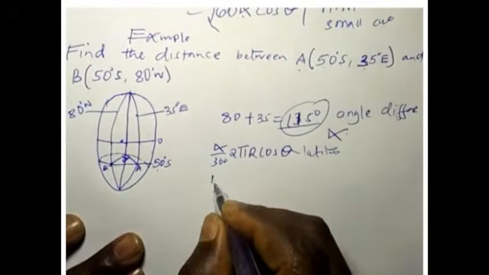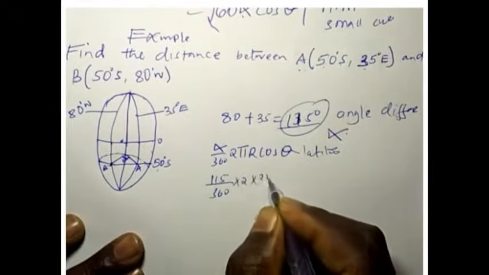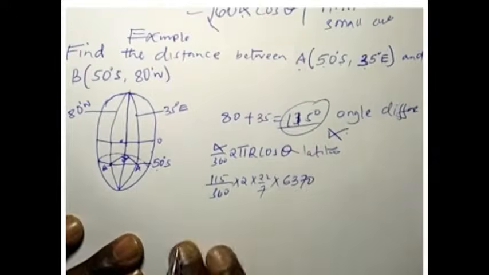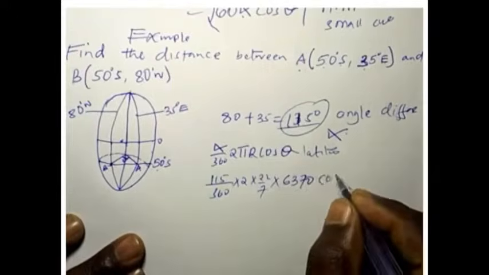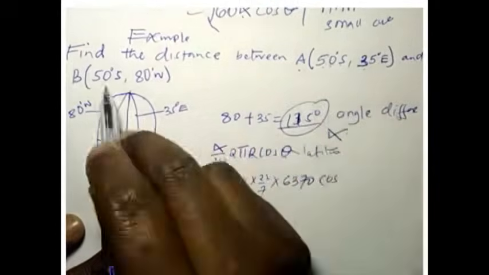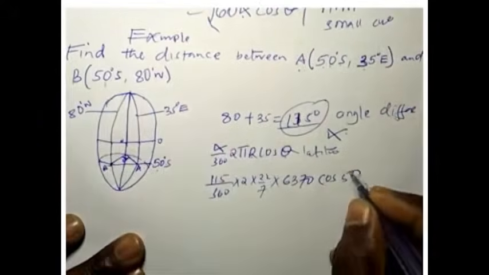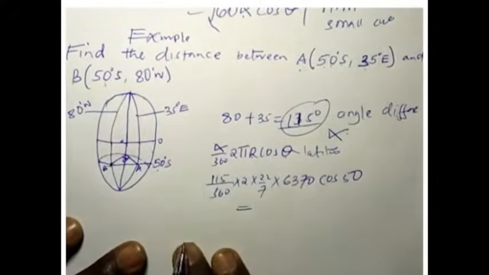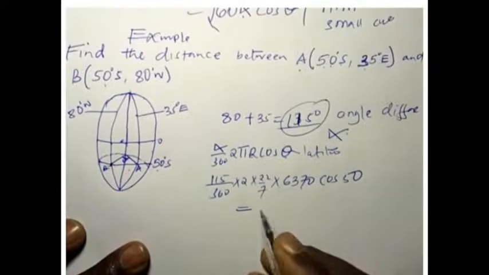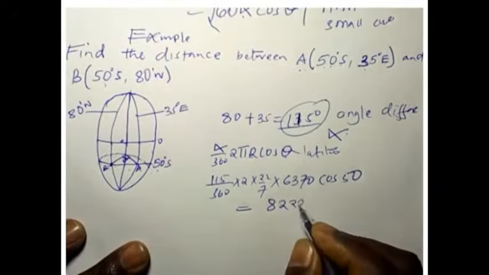So now we have 115 over 360 times 2 times 22 over 7 times r, times cos latitude. The latitude here is 50. So this one gives us the distance along AB in kilometers, which is 822 kilometers.